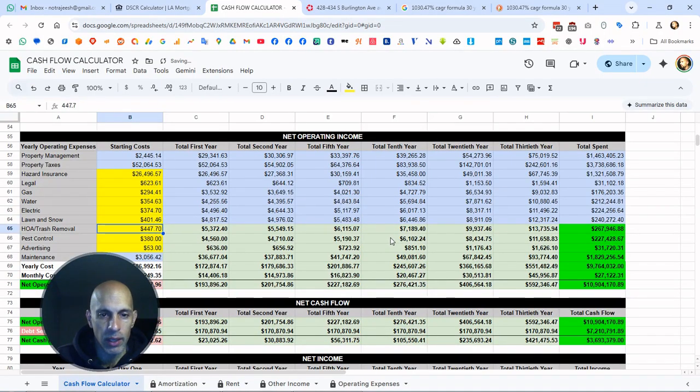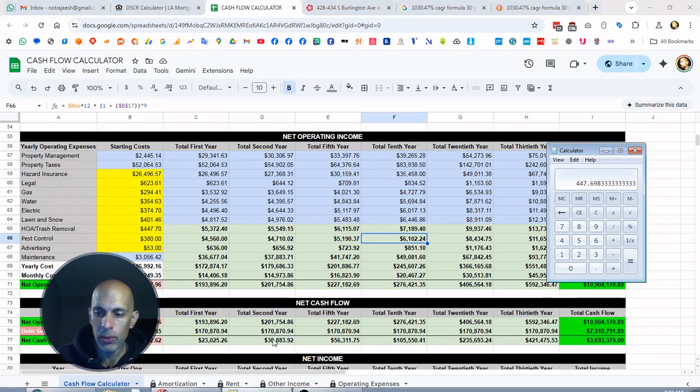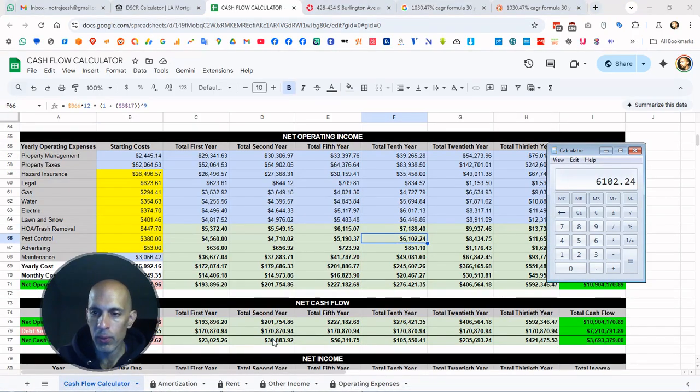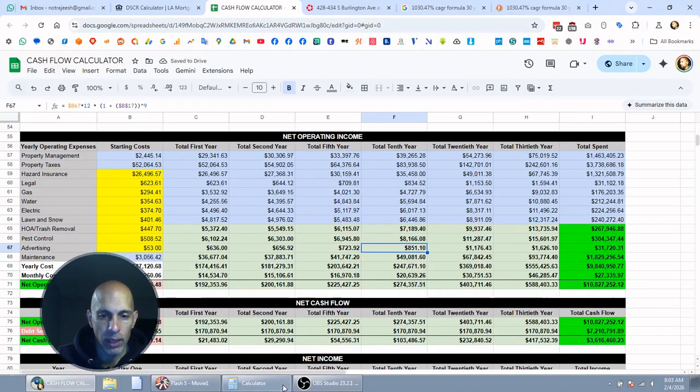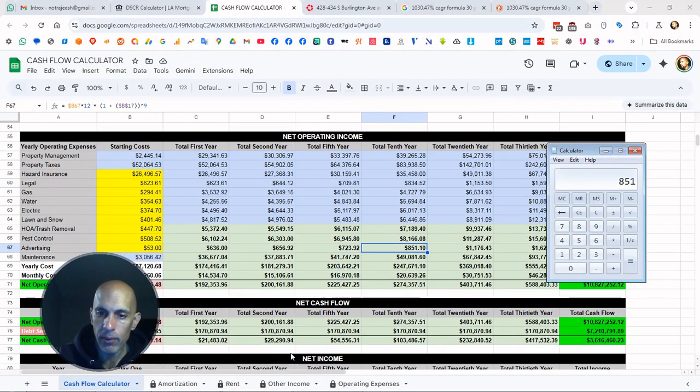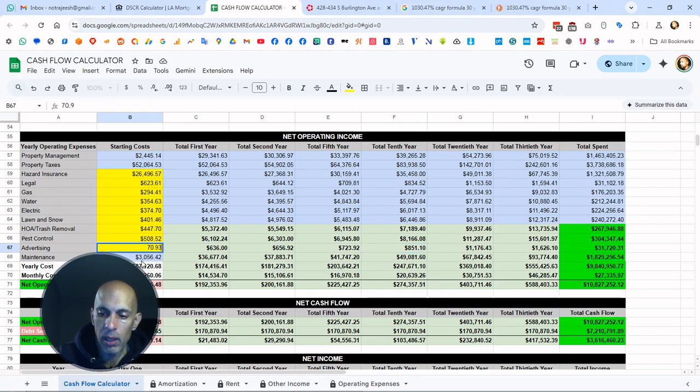Just making sure that I didn't enter the same thing twice. Then 6,102.24 divided by 12, 508.52. Advertising is showing 851.10 per year, divided by 12, 70.93.